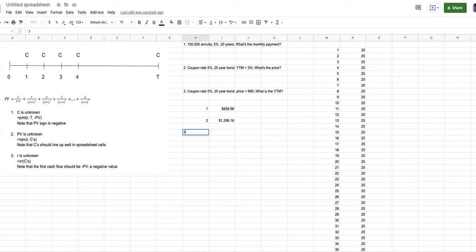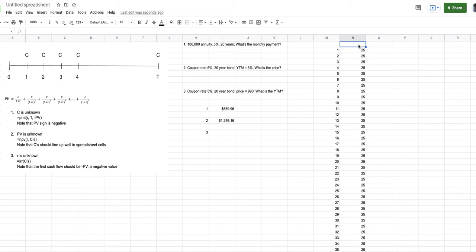Now I turn the same question around. We know the coupon rate, the same coupon rate, but we don't know the yield to maturity now. So we need to calculate the yield to maturity. We know the price, which is $990. I'm going to put the price here, and there's a pitfall you need to pay attention to. The first is the initial cash outflow.